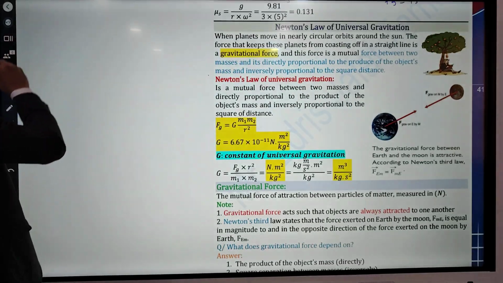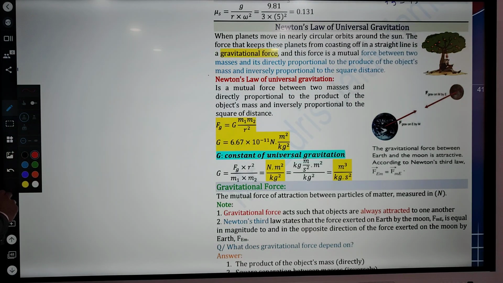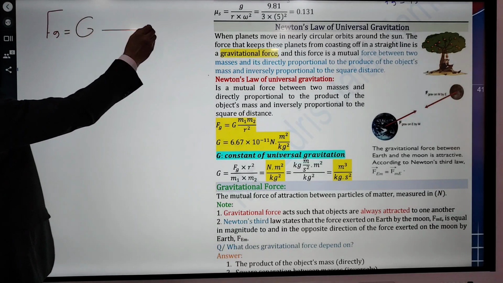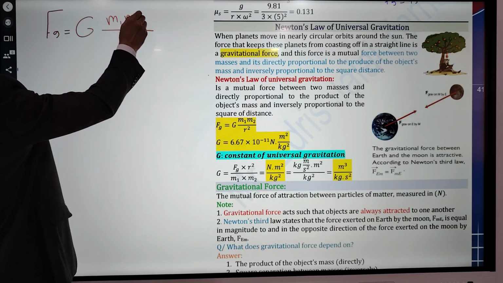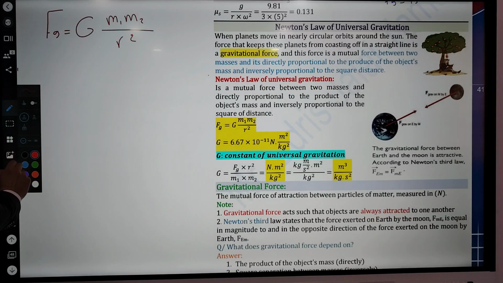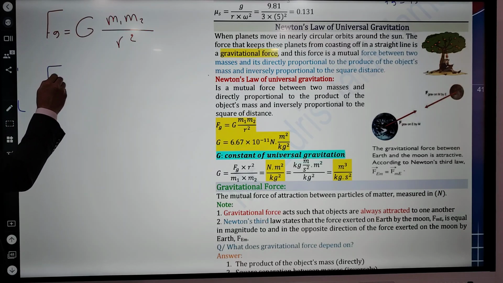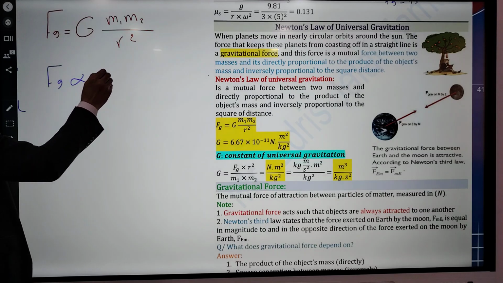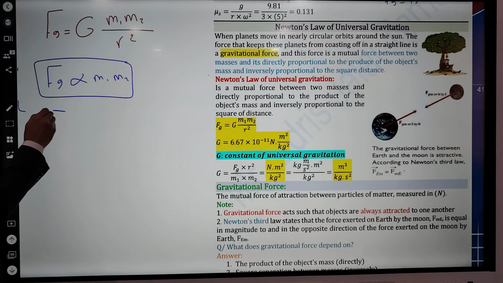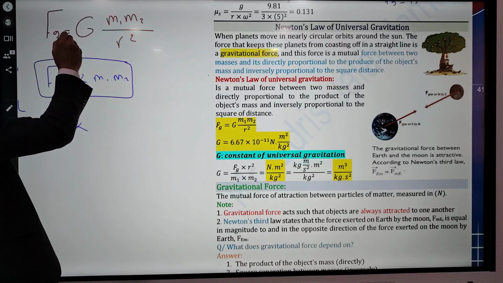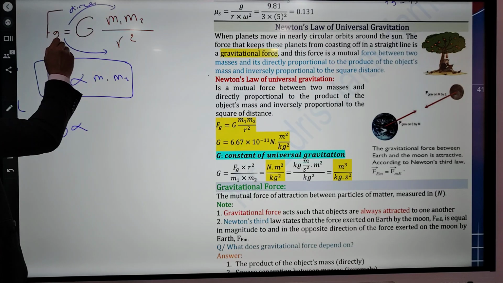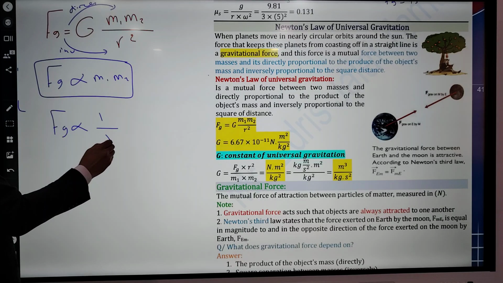It means that Fg is equal to G m1 m2 over r squared. What is the relation between Fg and the product of masses? It is directly proportional. What is the relation between Fg and the radius or distance between them? Here it is inversely proportional.